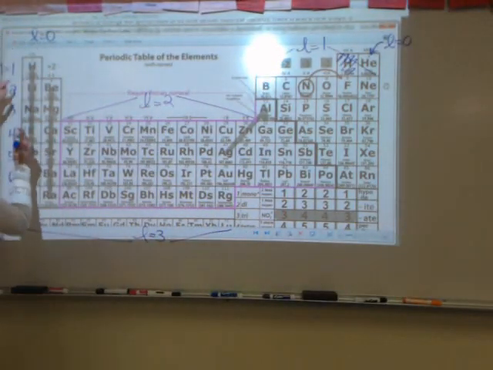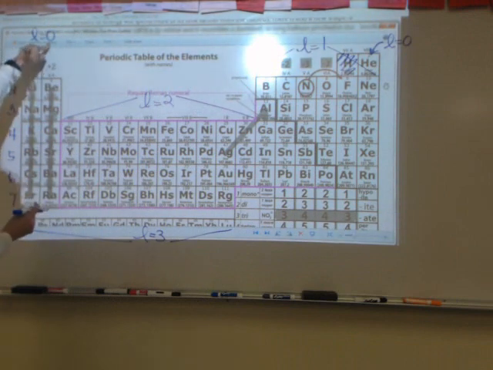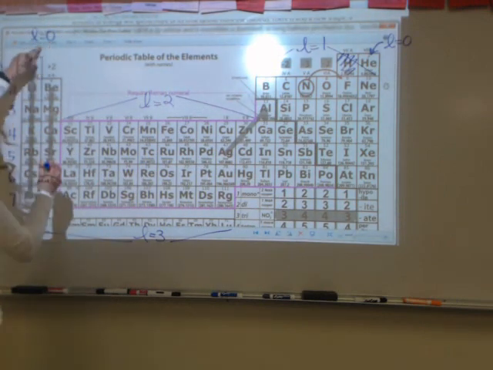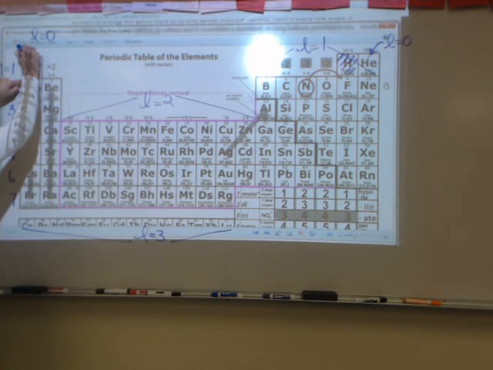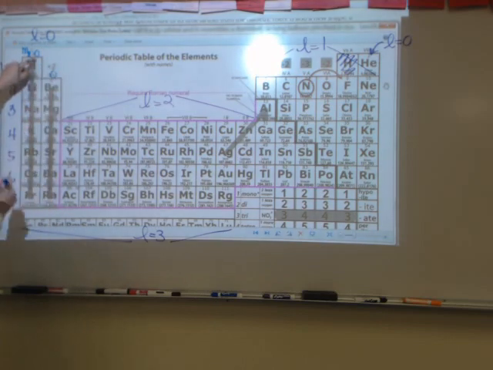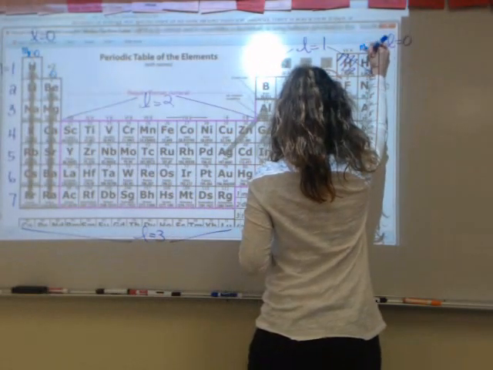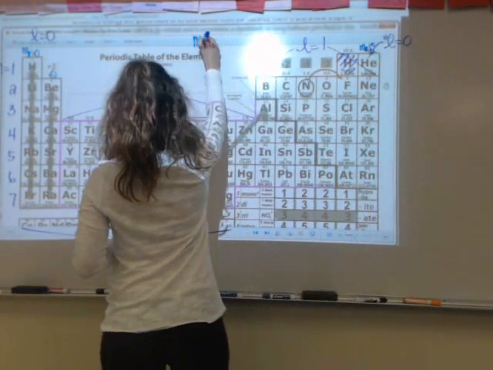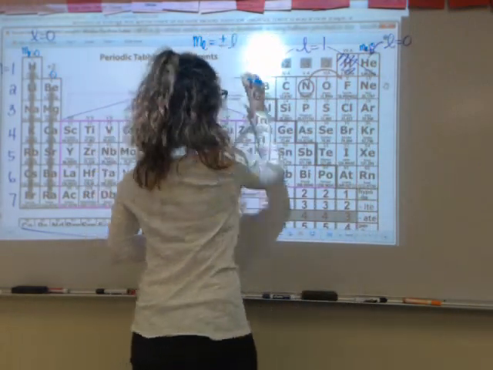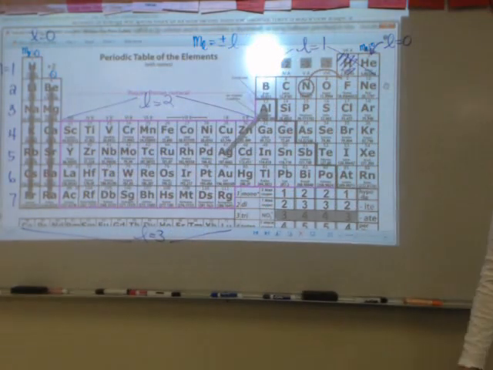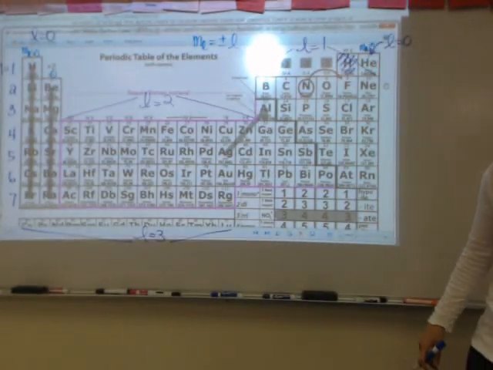If my m sub l value is based upon my l value, that means that my m sub l value here is plus or minus 0. So that means my m sub l is just 0 for these two, for my s's, which would also be here. Your m sub l value would be 0 because m sub l is plus or minus your l value, okay? This will make more sense as I go along.